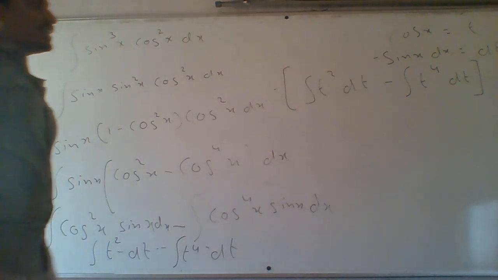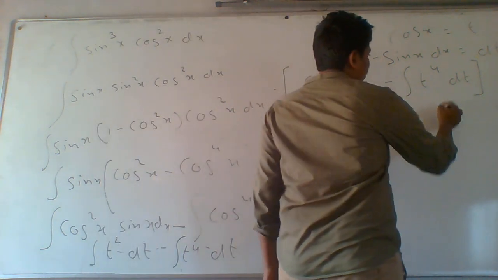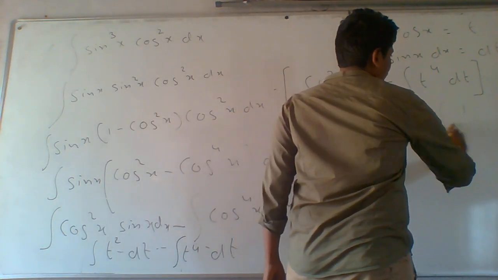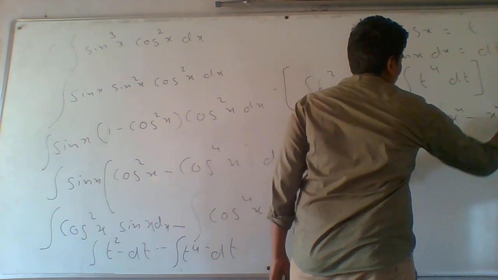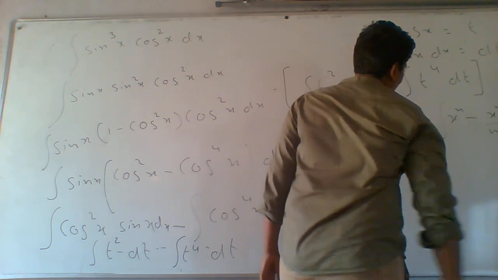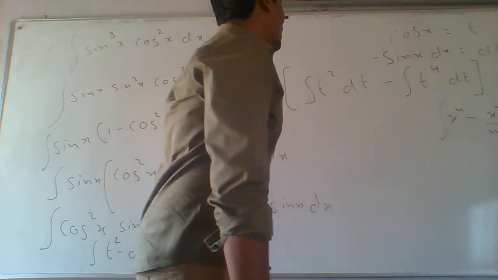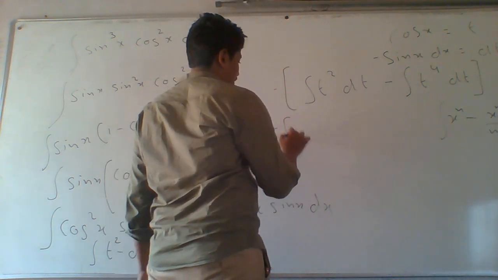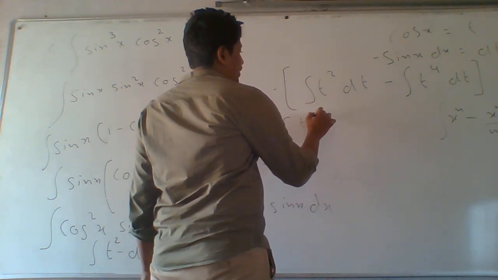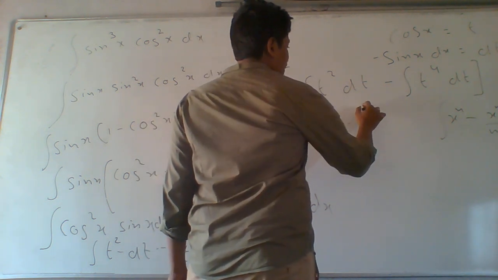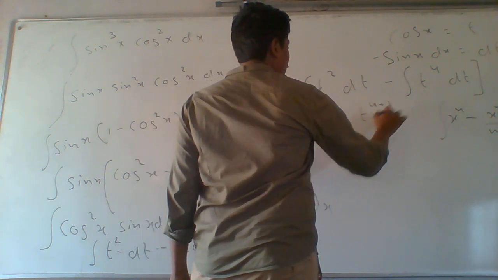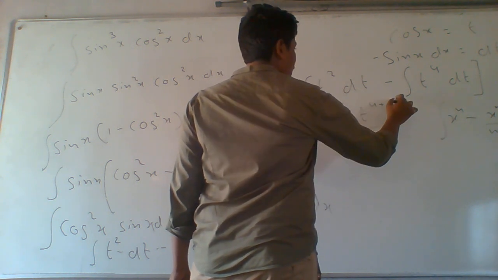What formula do you have to apply here? Integral x power n is x power n plus 1 by n plus 1. So it is t power 2 plus 1 by 2 plus 1, minus t power 4 plus 1 by 4 plus 1.